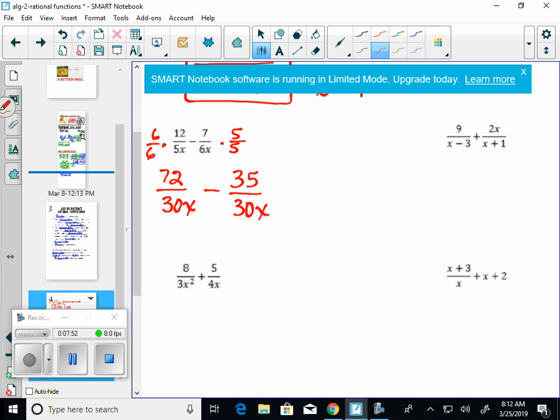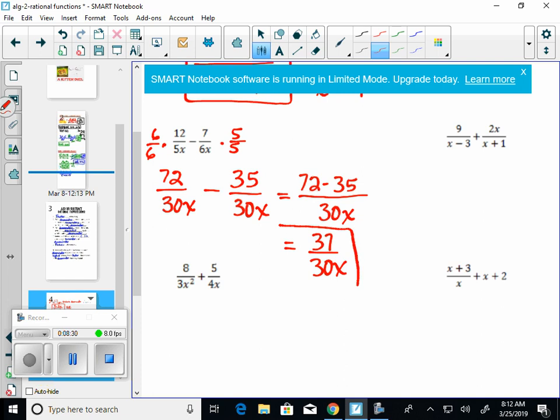Now do I have a common denominator? Okay. So that means I can combine the numerators. So the numerator says 72 minus 35, and I put that over the common denominator of 30x. So now can I combine anything? The numerator will combine. What is 72 minus 35? 72 minus 35 is 37 over 30x.